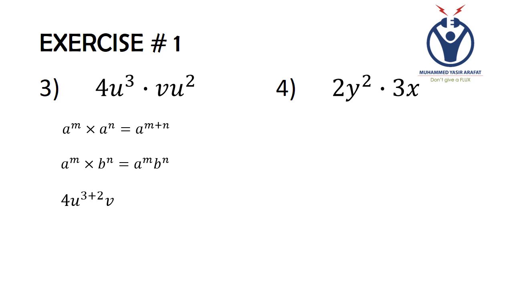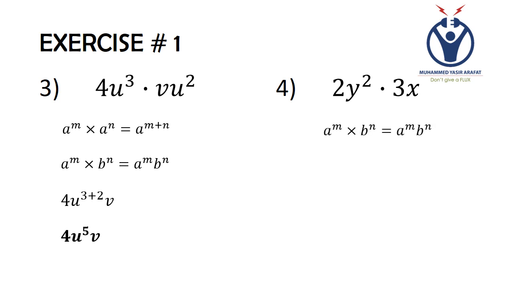V is written separately because of the second condition, where we found a different variable with a different power. So we will get the result as 4 u power 5 into v.